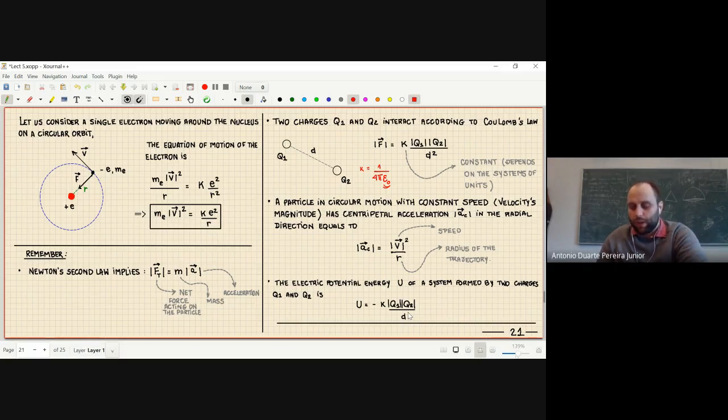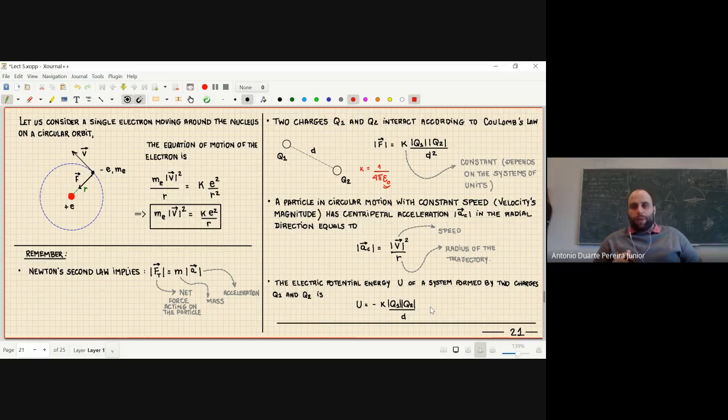Physically, the value of the potential itself has no meaning. What has a meaning is the potential difference. So when you write that the potential energy is given by that, I can add a constant here, and this will not change anything in my physical conclusions, because what matters for physics is the difference of energies.